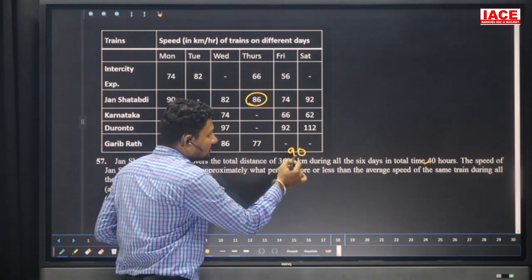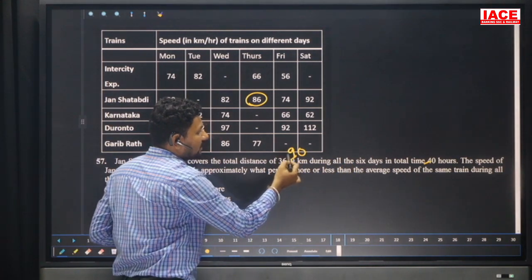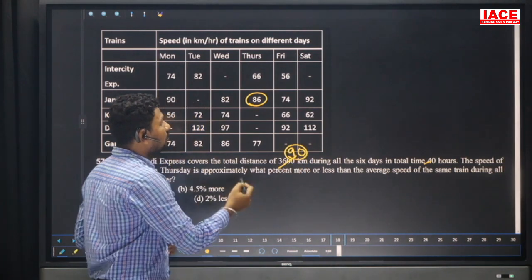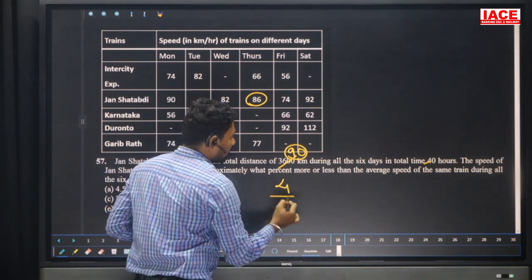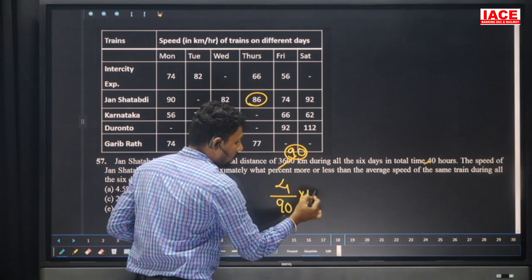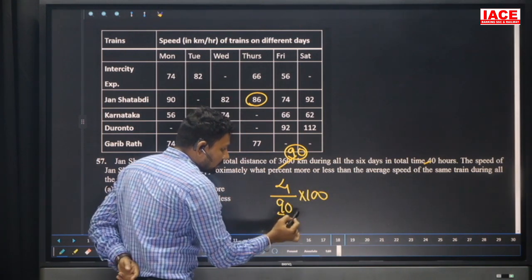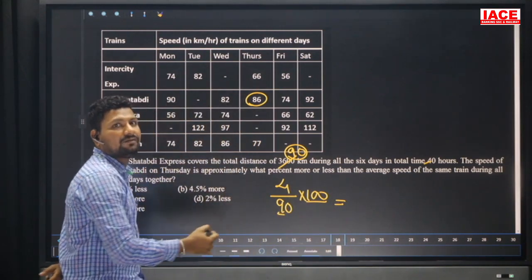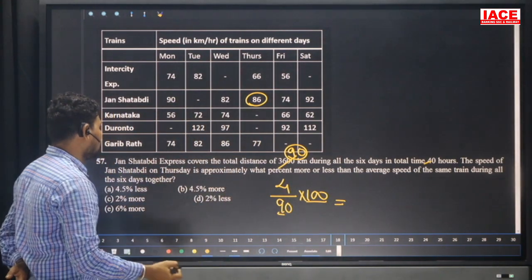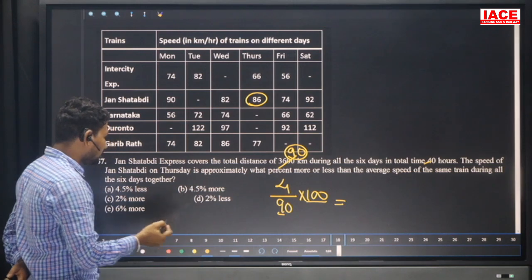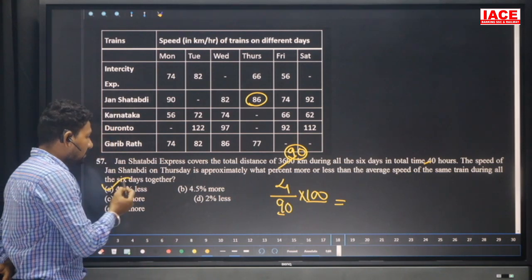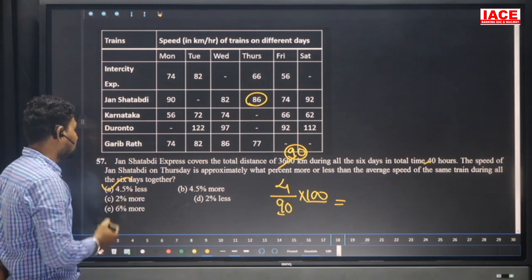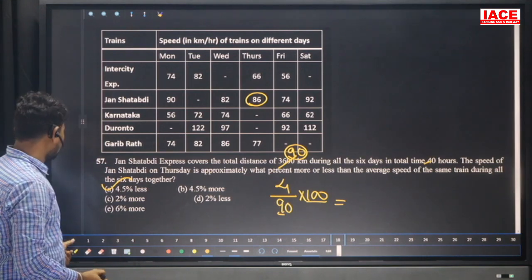During the 6 days, it is already known, 40 hours and 3600 kilometers, 90 kmph. It is less. How much less? 4 by 90 into 100. Look at it, 9 into 100, 11 times, 11 fours are 44. 44 by 10, we can write 4.4 percent less, approximately 4.5 percent less. That is our option A. Move to the next question.